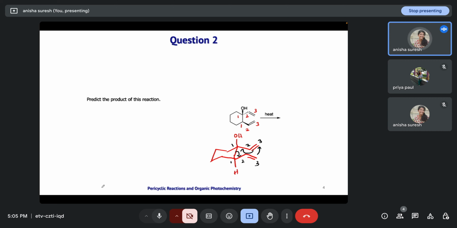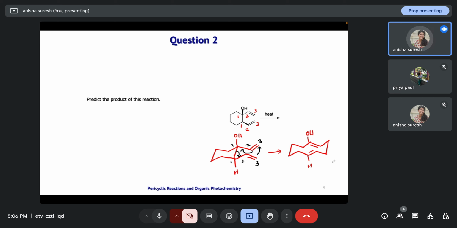This bond will be breaking, resulting in OH and hydrogen being there, this bond is broken now, between these carbons a new bond is formed, and the double bond is formed in these two carbons.